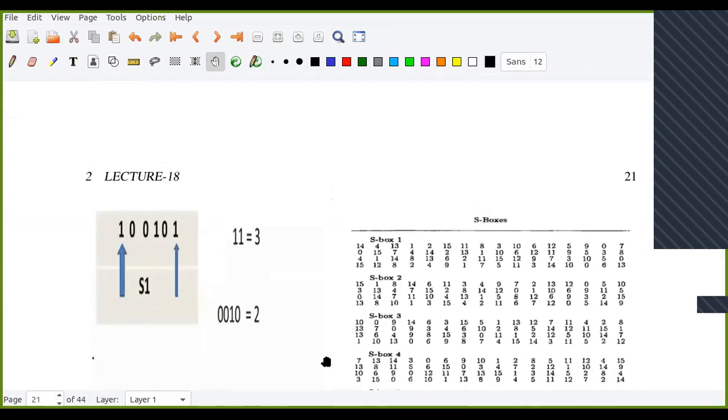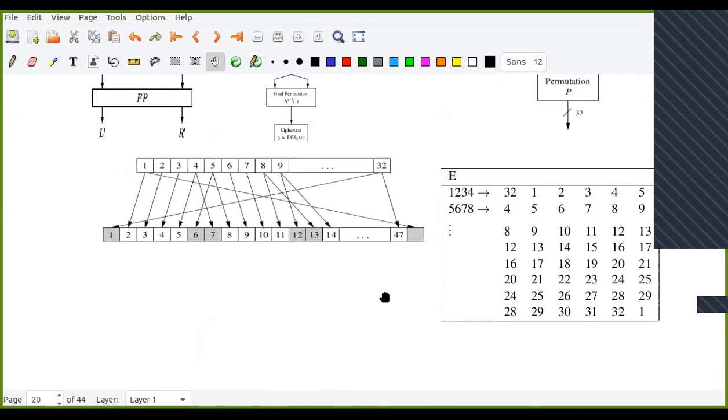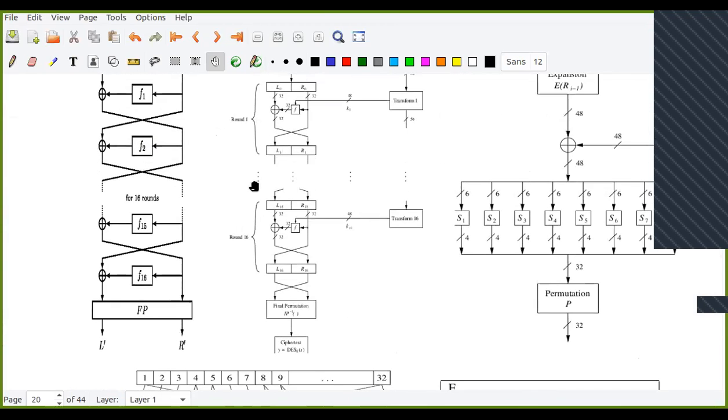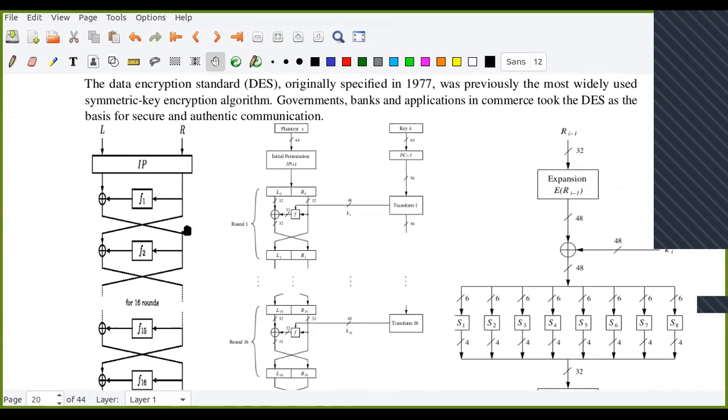Each F will be different, right? No, all these Fs will do the same business, but the key will be changed. Now I get this 52, right?